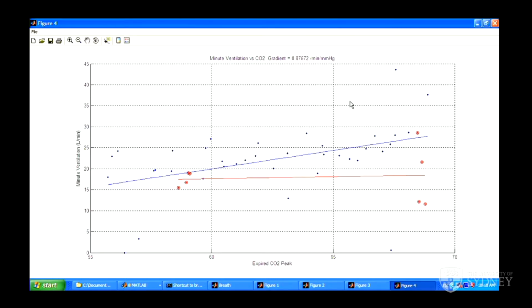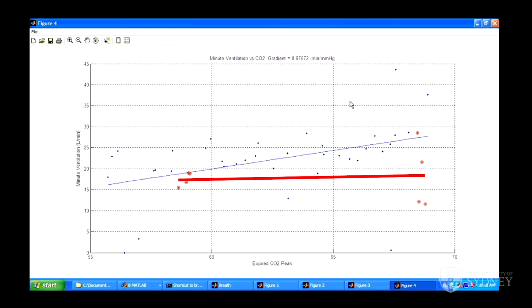What I want you to concentrate on though is, and it's more obvious over here, look at the ventilation that he got for the airways obstruction periods. It's obviously a lot less down here than normal.